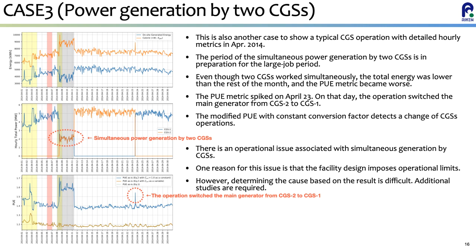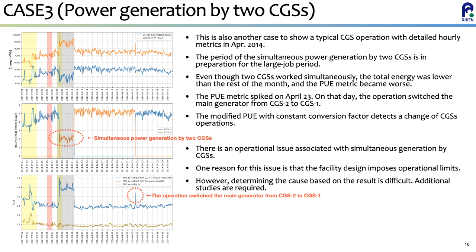We also focus on the fact that the PUE metric spiked on April 23rd. On that day, the operation switched the main generator from CGS number 2 to number 1. The modified PUE with constant conversion factor detects a change of CGS operations.